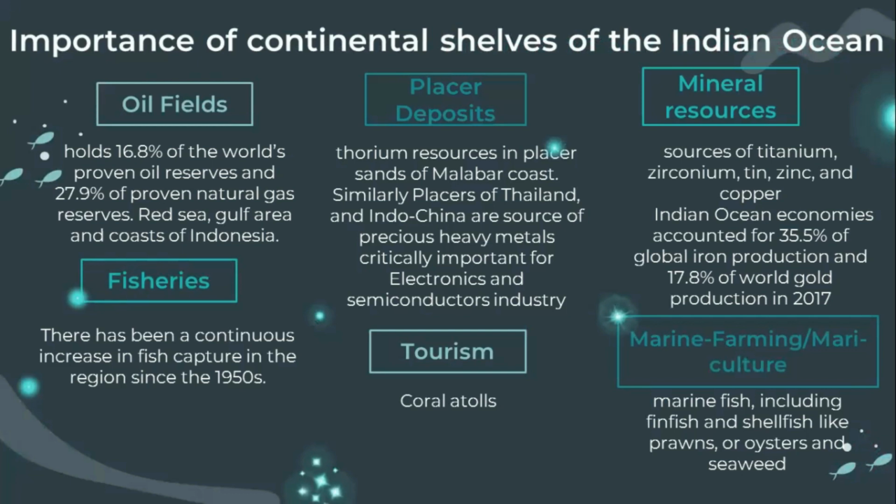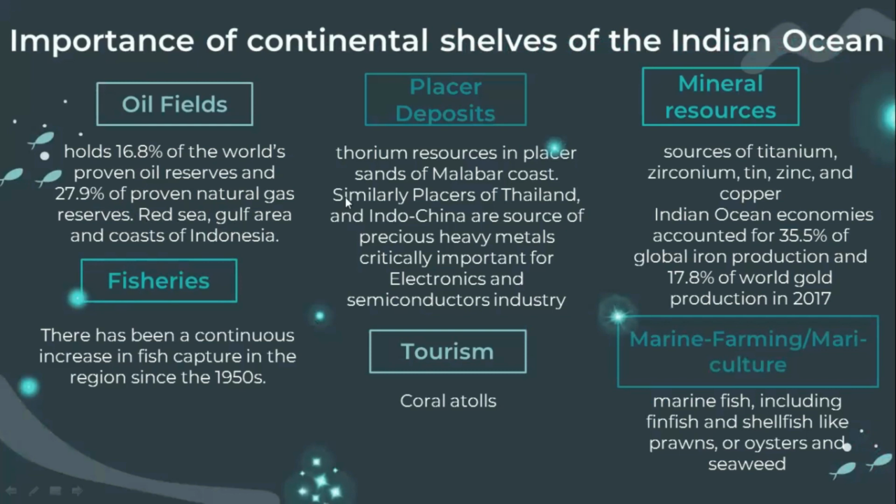This continental shelf, as we have seen before, because of fossil fuels, we find a lot of petroleum, natural gas, etc. With regard to oil fields, it holds 16.8% of the world's proven oil reserves, and 27.9% of the proven natural gas reserves are found in the Indian Ocean continental shelves.